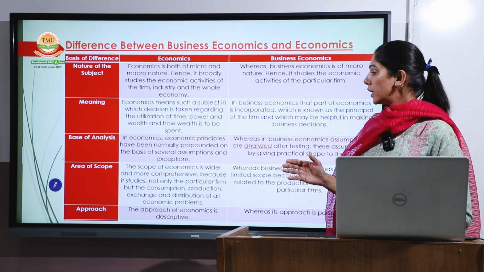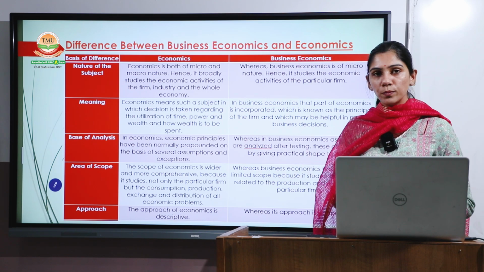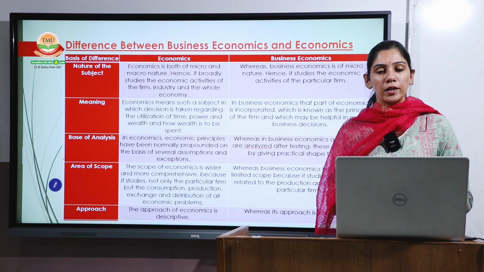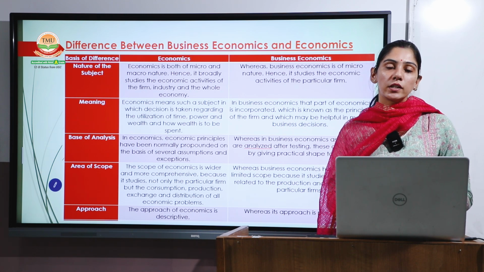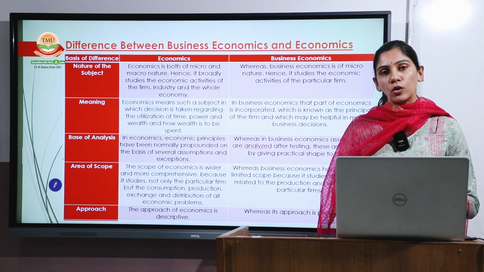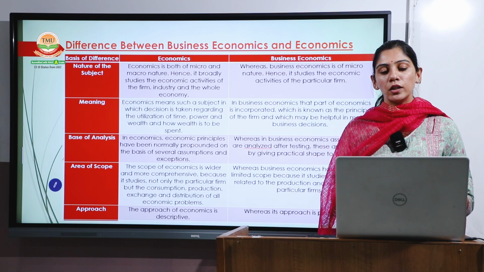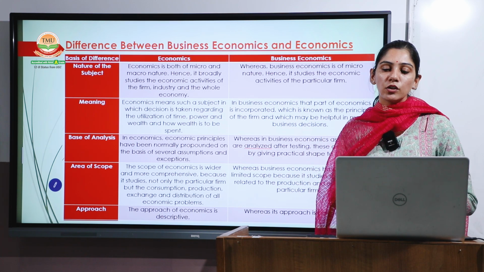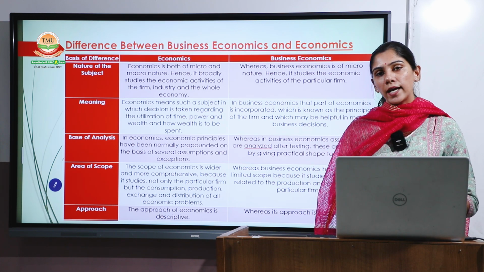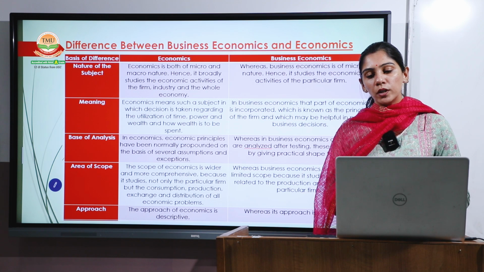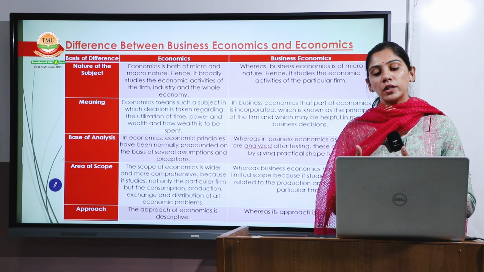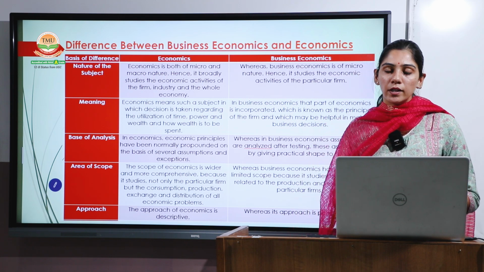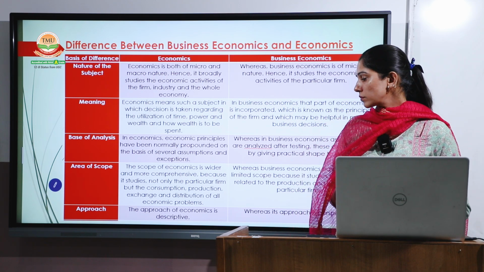Next one is area of scope. Economics is wider and more comprehensive because it studies not only a particular firm but the whole economy or whole economic problems. Business economics has a relatively limited scope because it studies problems related to a particular firm or a particular business.